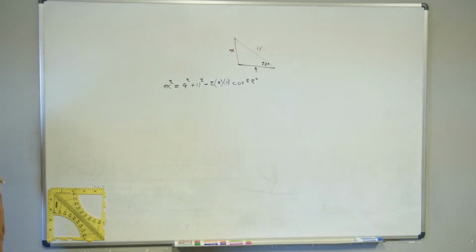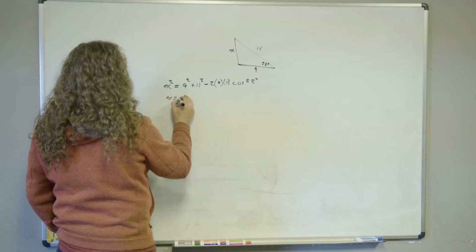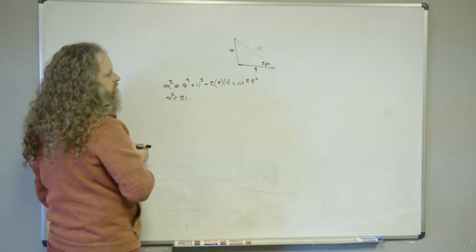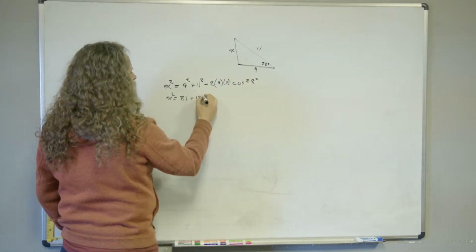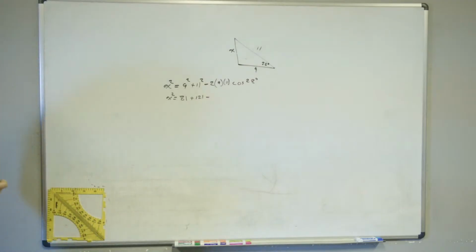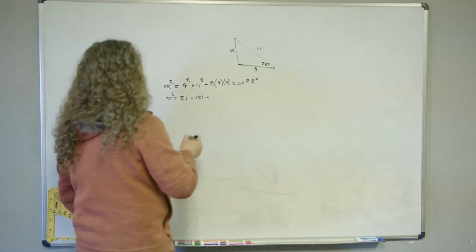Now we can start working it out. What is 9 squared? 81. What's 11 squared? 121. Plus 121, minus, what is 2 times 9 times 11? 198.